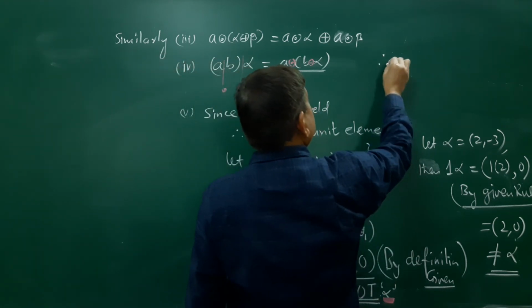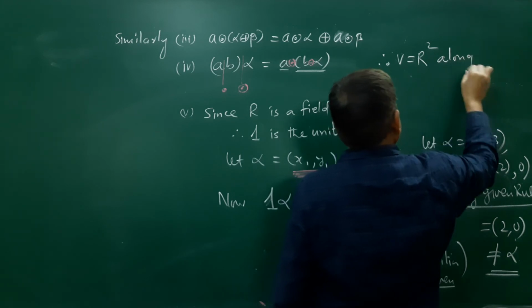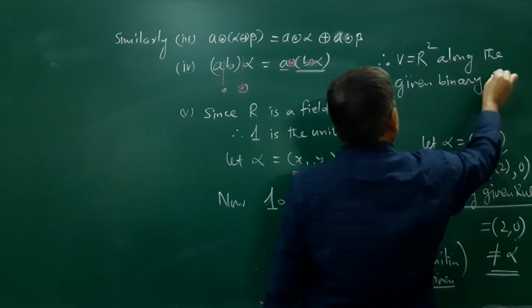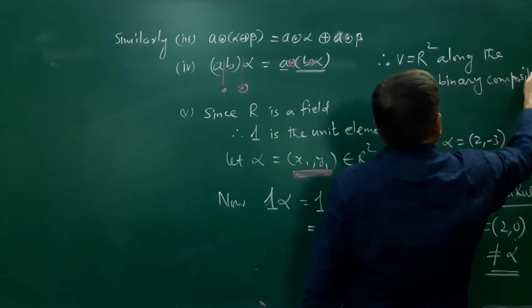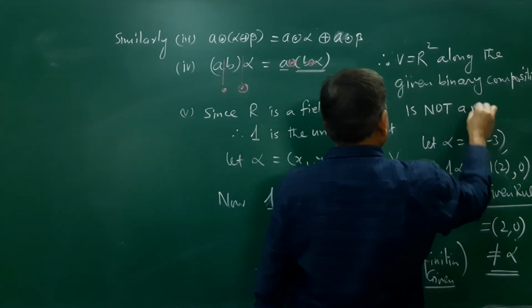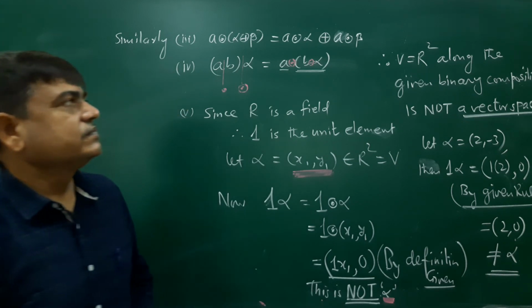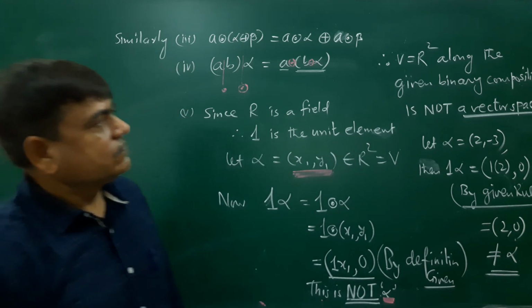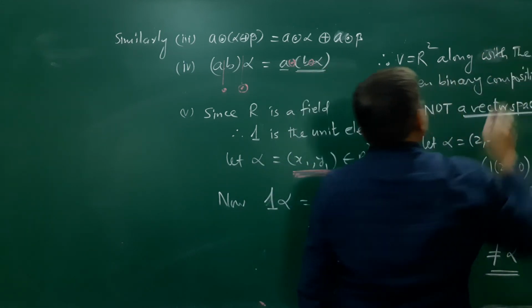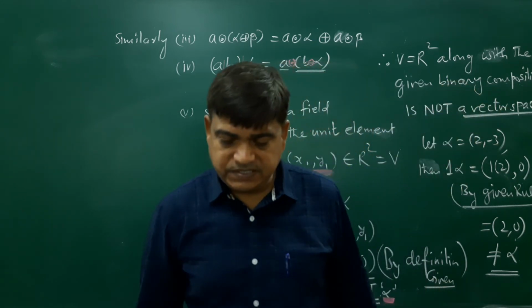Therefore, V equals R square along with the given binary composition is not a vector space.